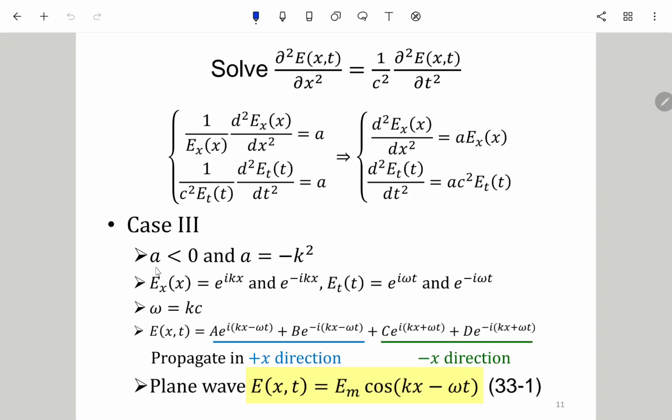So for case 3, we have a is smaller than 0. So s squared equals a, but a is a negative value. So here we let a be negative k squared. S squared is negative k squared, which means s equals plus or minus j times k, or i times k.